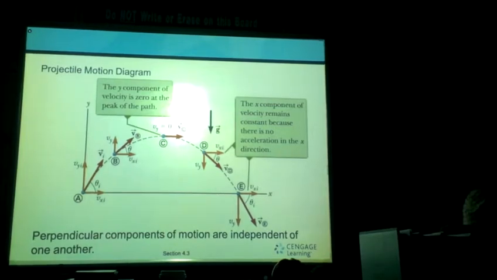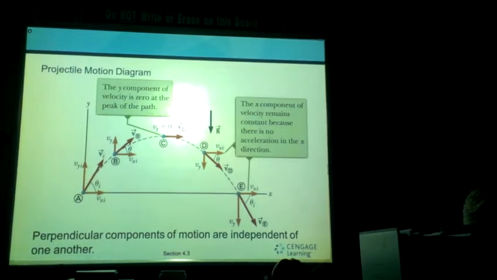Let's look just at a general relationship for the x component. I have an x component here at A, here at B, here at C, here's the one for D, and here's for E. What's something that I could say about all of those velocity components in the x direction, especially about their size? They're all the same, right?